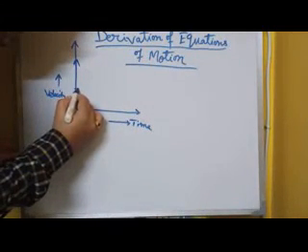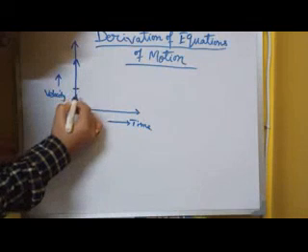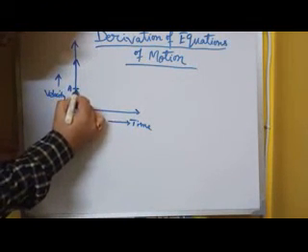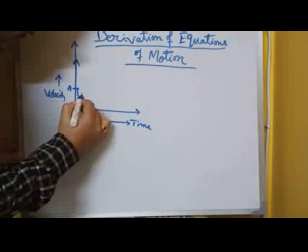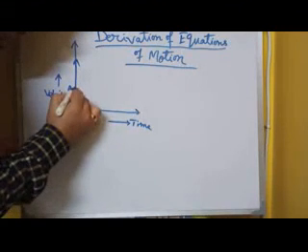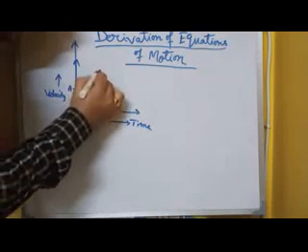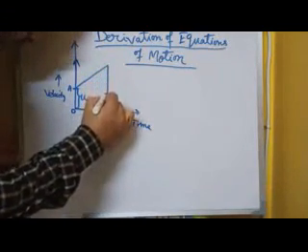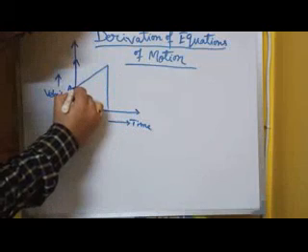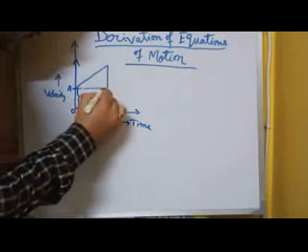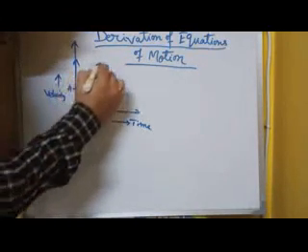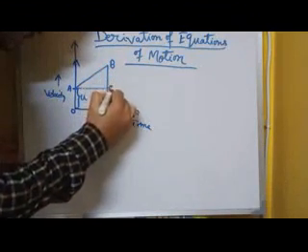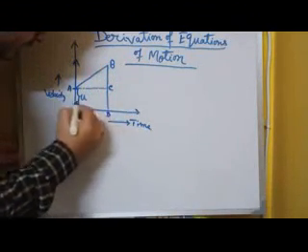Take this as the initial velocity at position A. You take the acceleration at that position. Now you connect here and connect this point. This is A, this is B, suppose this is C, this is D.